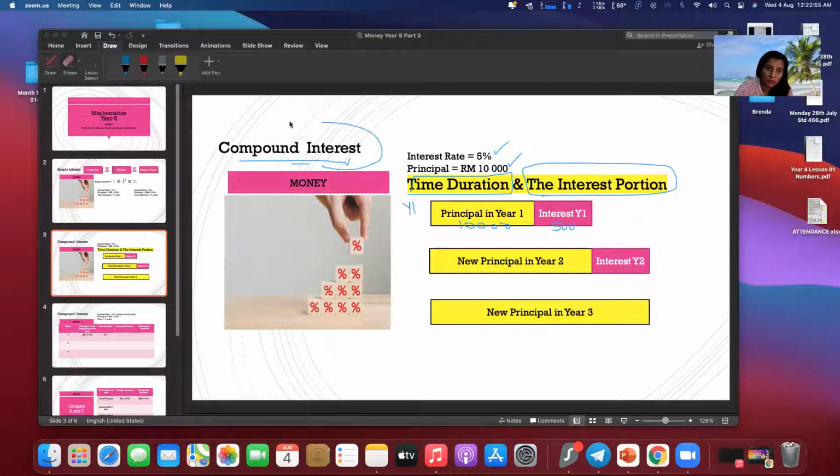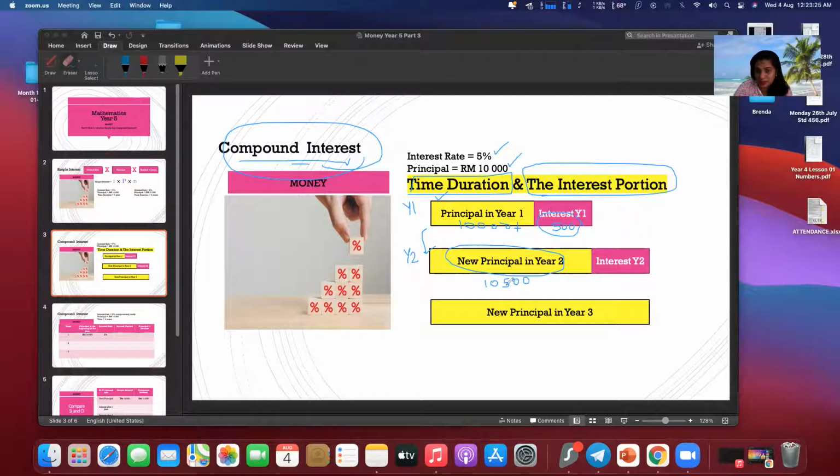In a compound interest story, you do not take out this 500. You do not go and spend that money. Instead, in the second year, that's why I say time is important, your interest is added together with your principal, and you get a new principal in year 2, which is 10,500.